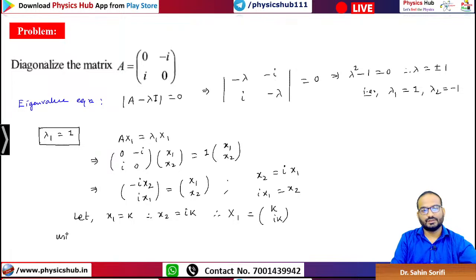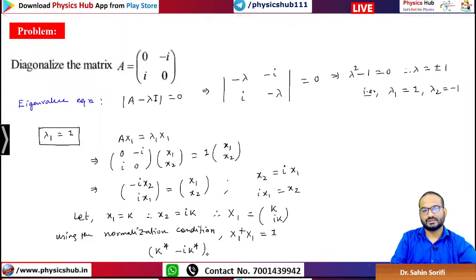So using the normalization condition, what you have to do: x1 dagger x1 equals 1. This is the normalization condition. x1 is this column matrix, x1 dagger will be a row matrix, k star and minus i k star, and x1 is this k, ik. I am doing each and every step so that you understand.